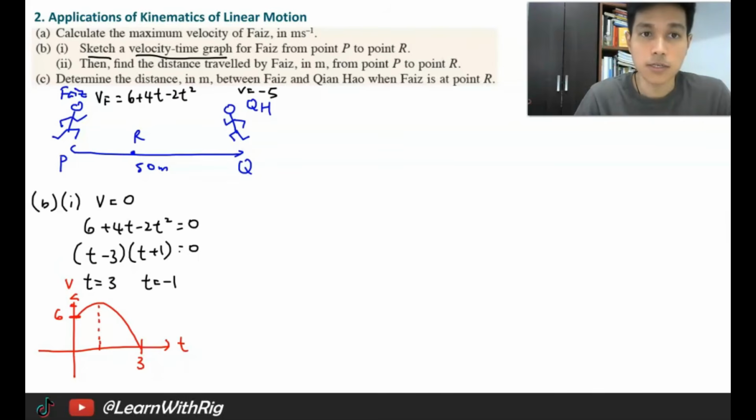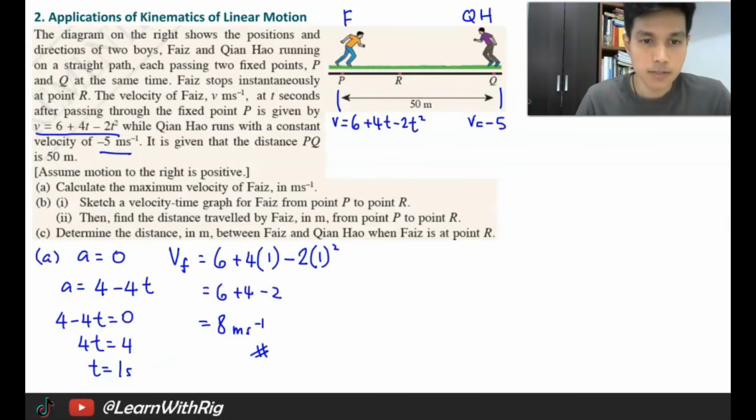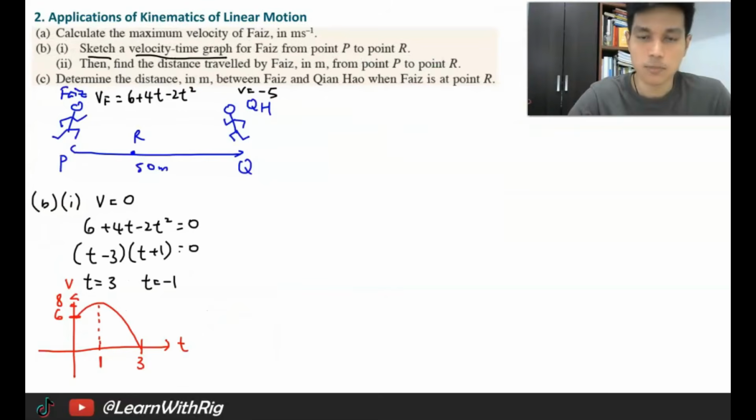Maximum velocity is 8, when time t equals 1, just now in the previous question. So time equals 1, velocity equals 8. You're going to use that to plot the graph.